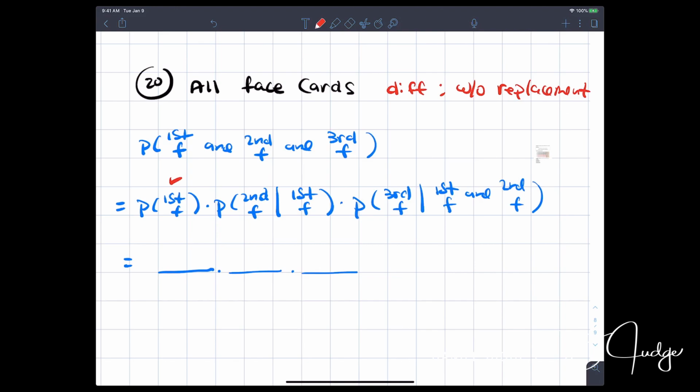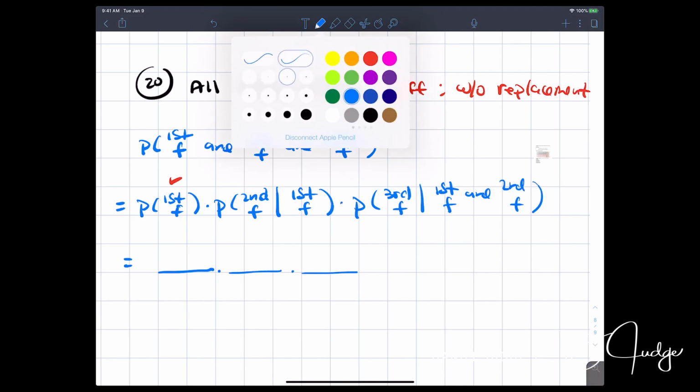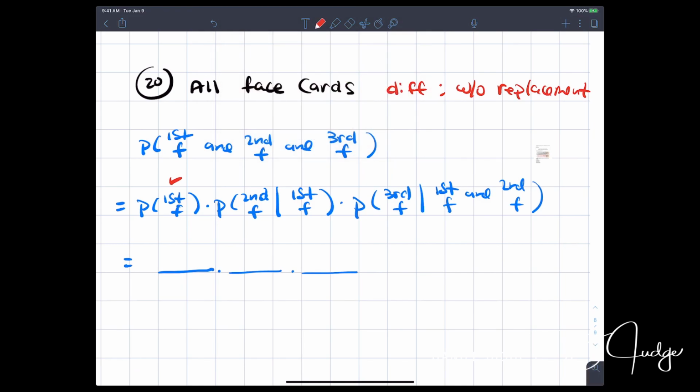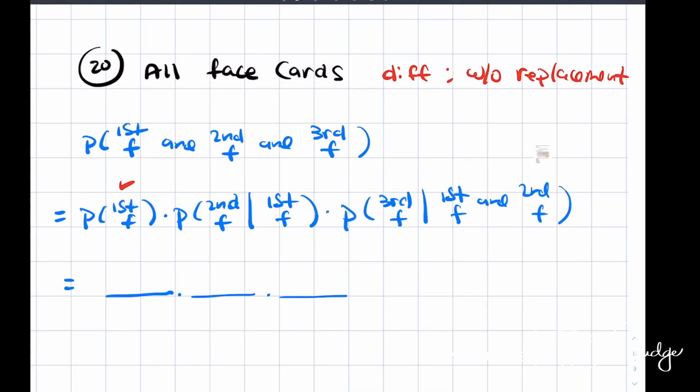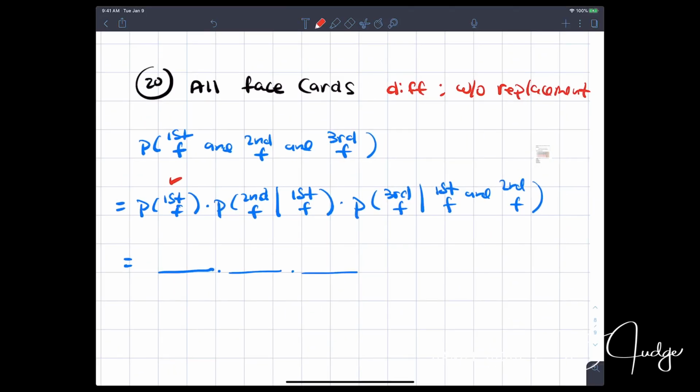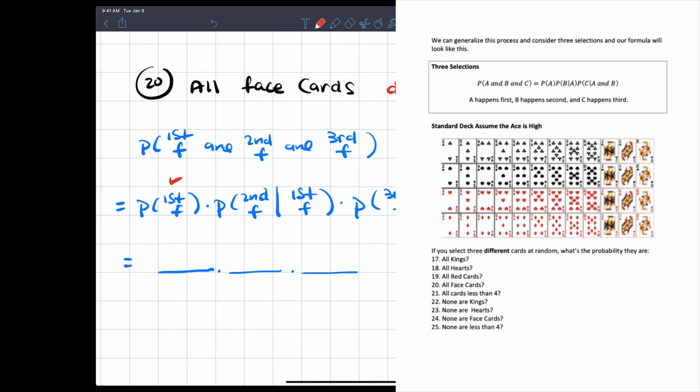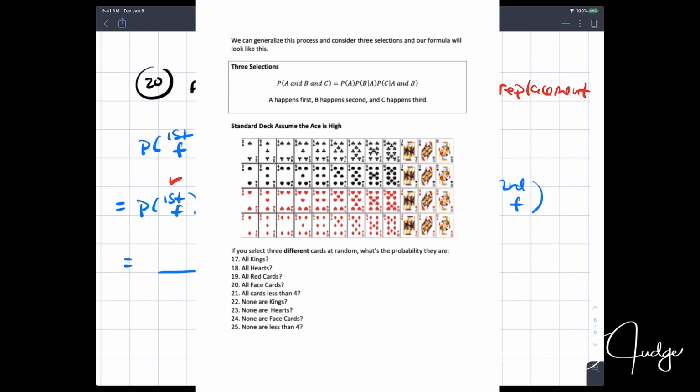And this is an F for face card. A face card is a card with a face. It has to have a face. So if we say which cards have faces, right? Let me go back to that sheet. Which cards have faces? The jacks, the queen, and the king. They all have a face. It's like a person's face. That's what it means by face card.